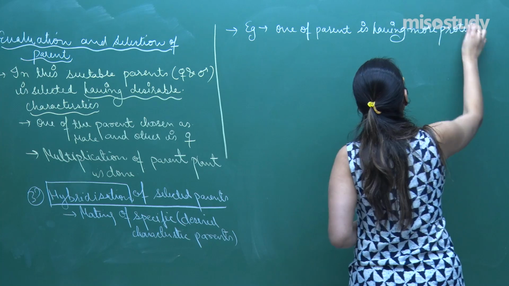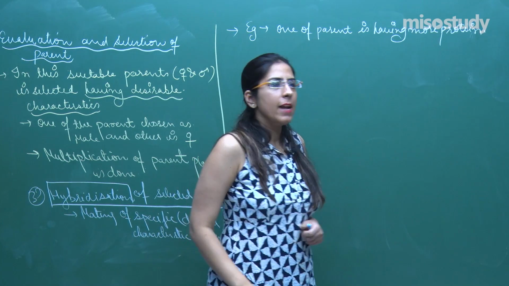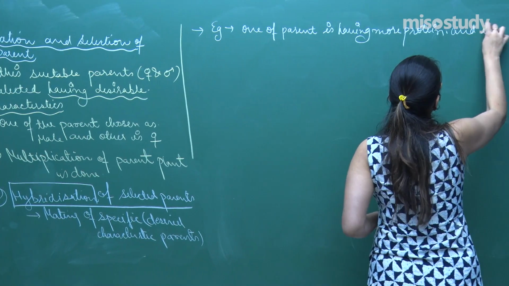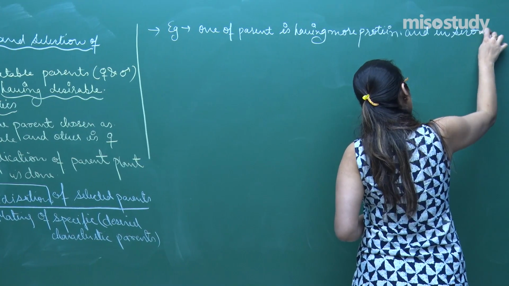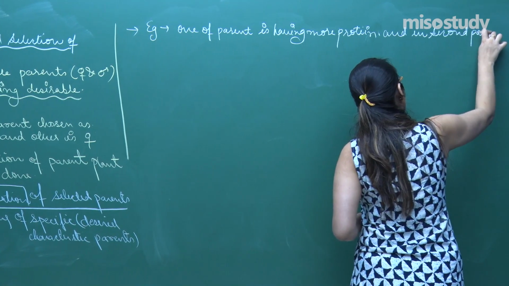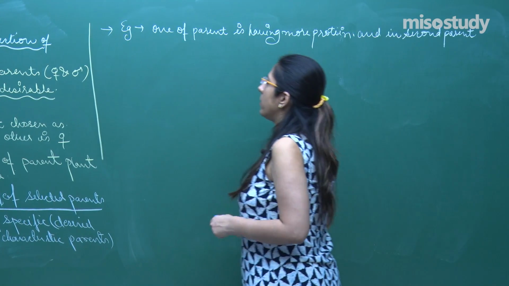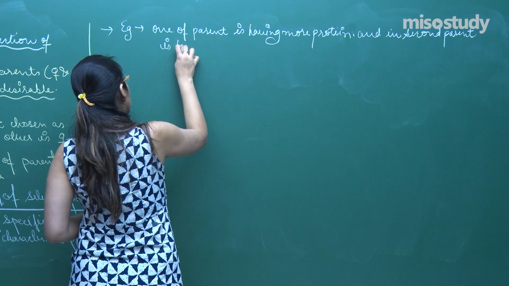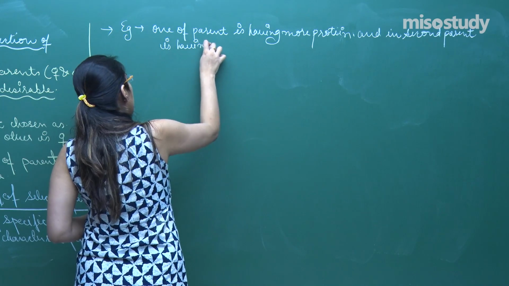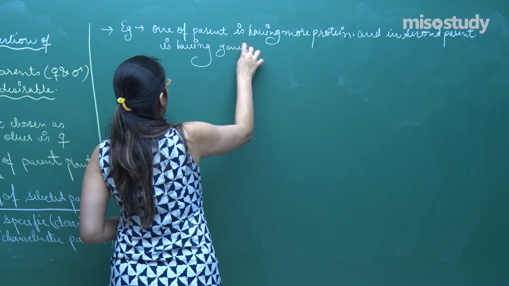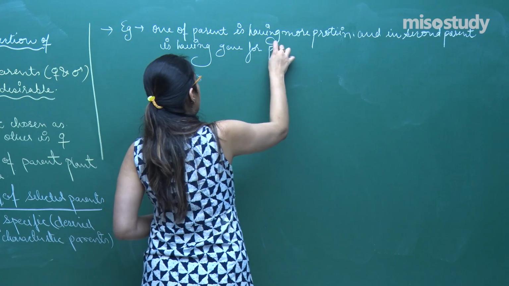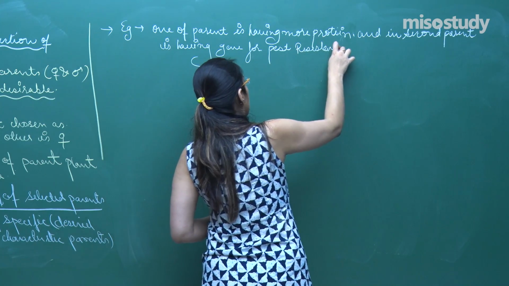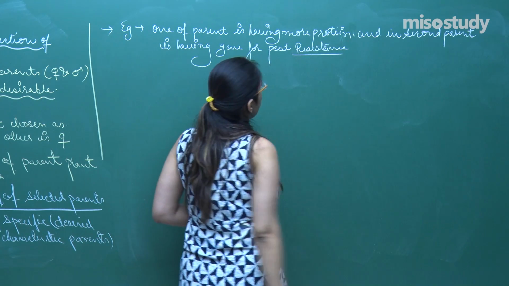And the second parent is having the gene for pest resistance.